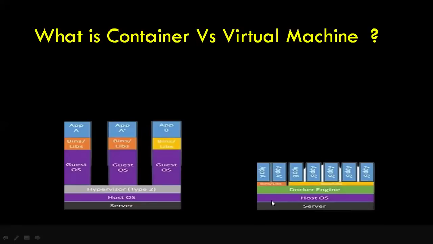In that case, you save a lot of money and effort. That is like your container. Renting a shared apartment is similar to Docker, and renting an individual apartment is similar to a virtual machine. You just think that way.